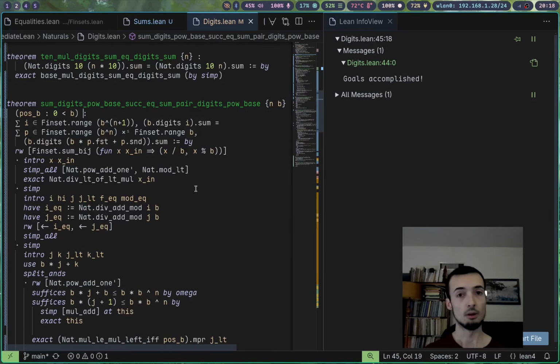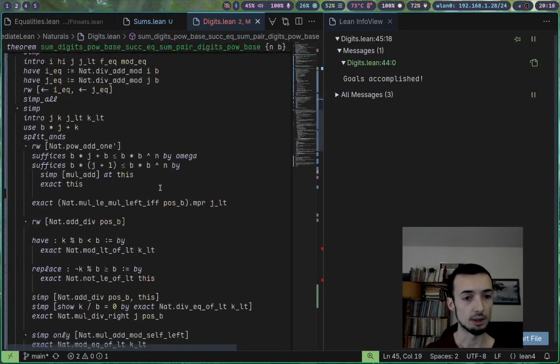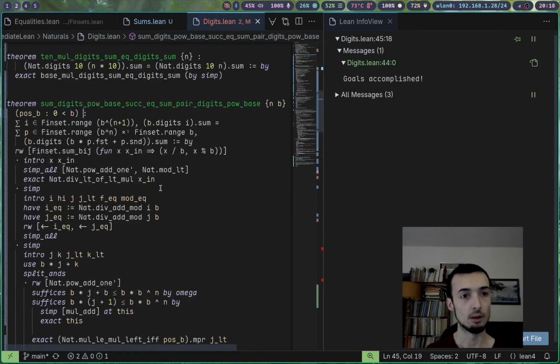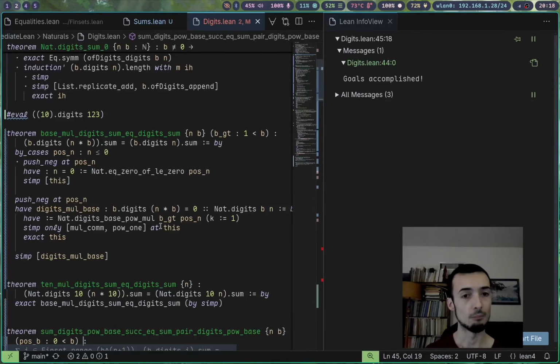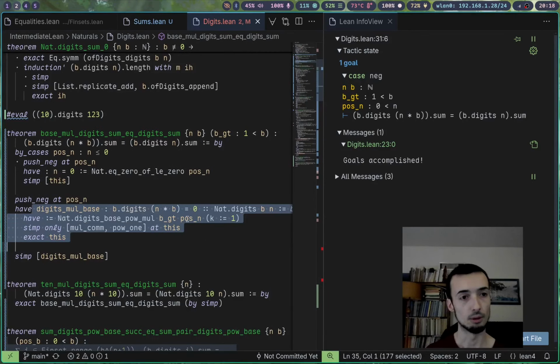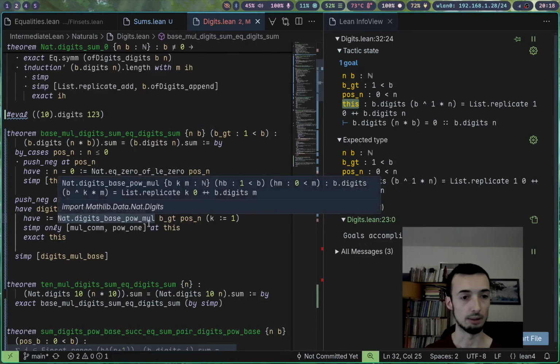So this is true for any positive base, even base 1, which I did not know or think was possible. Interesting. I guess the reason is that we're not using any kind of replicate 0 here, unlike in base mul digit sum, where we were really leveraging the digits base pow mul lemma.